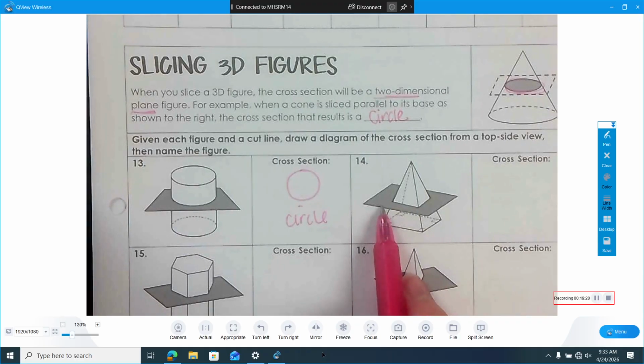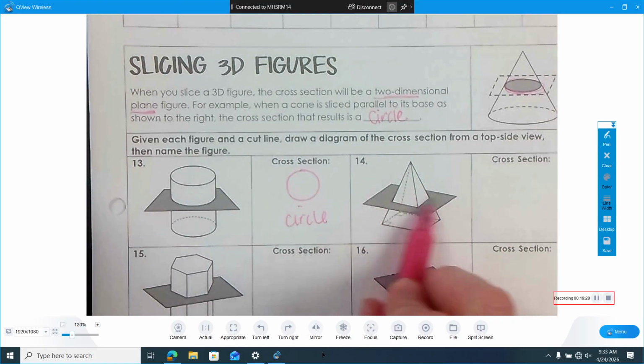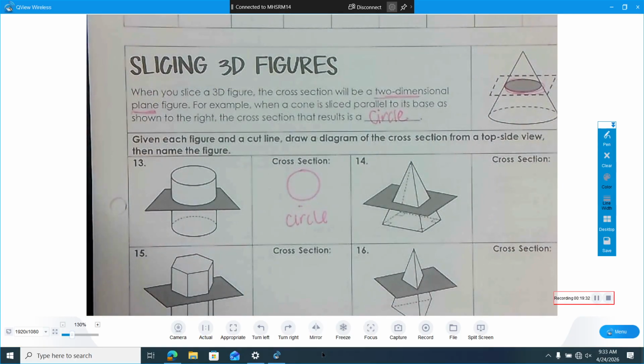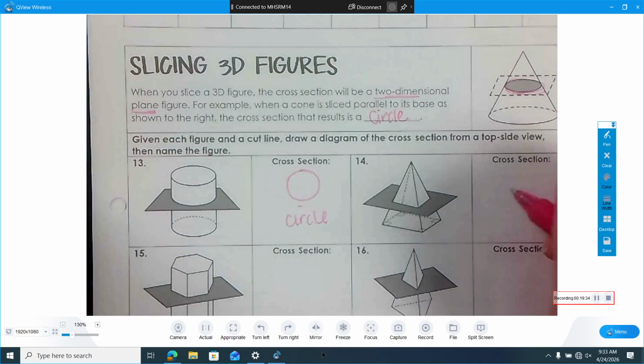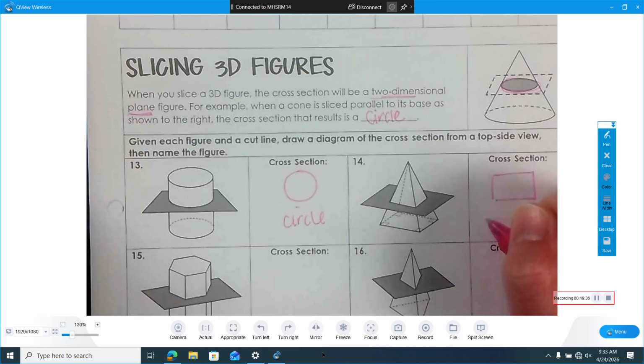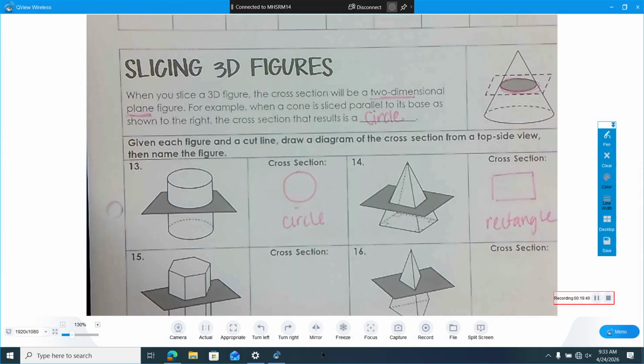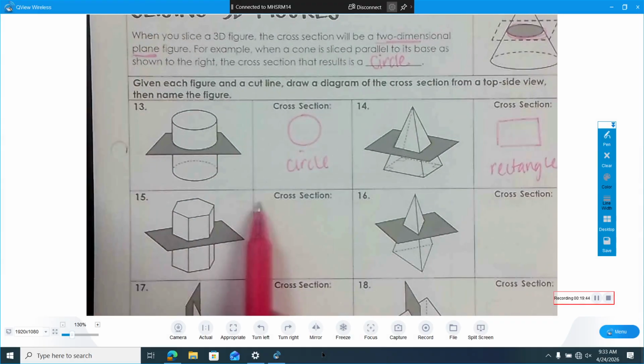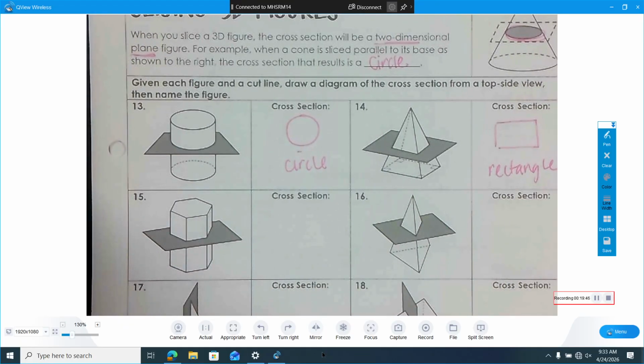On number 14, if we were to cut this rectangular-based pyramid right here and you lift the top off, what shape would you see? A rectangle, yeah, rectangle. On number 15, again, if we cut through this hexagonal base, what would you see?